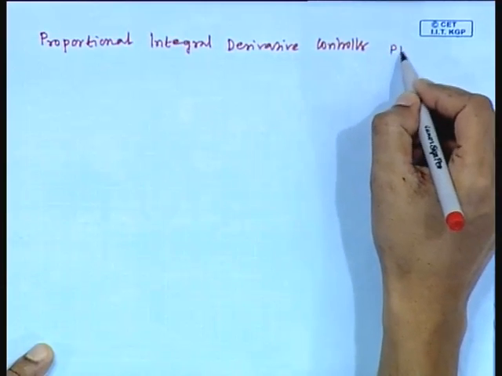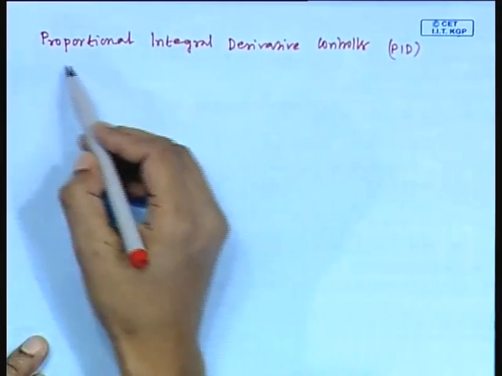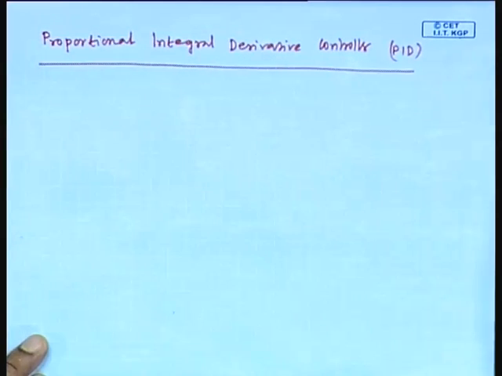In short, this is PID controller. Fine. The name suggests that the controller includes three actions: proportional action, integral action and derivative action.